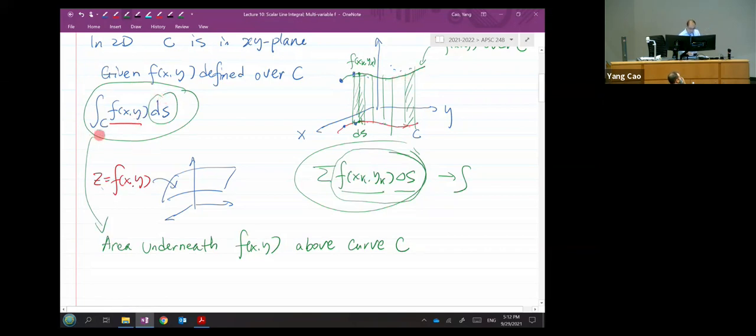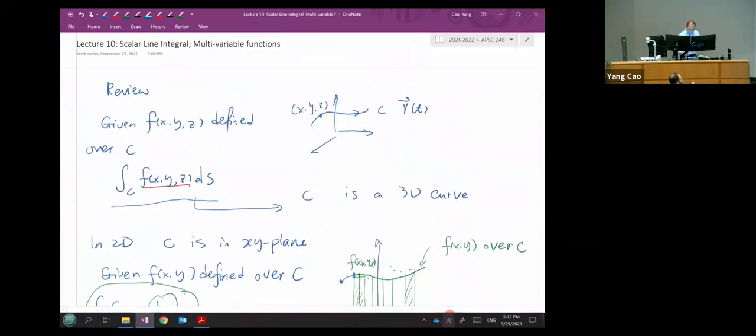You can only interpret this for a 2D case. In 3D, here you have f of x, y, z. Three dimensions restrict us, we cannot plot f of x, y, z. If you create another dimension, then you can. But in this case, we can't imagine where it is, it's just a value, right?